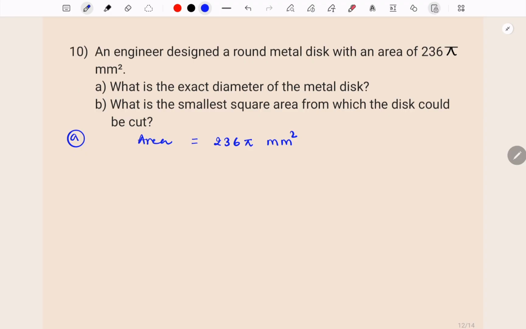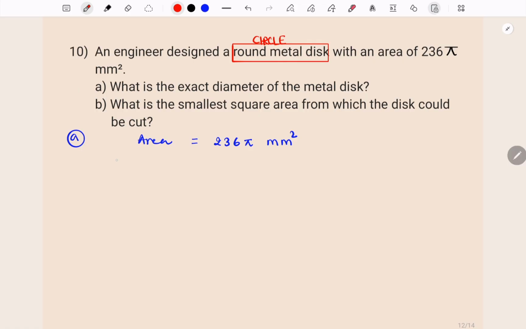And this area belongs to a round metal disc. Be very careful with these descriptions. Round metal disc is actually a circle, right? So we need to write the area of a circle.